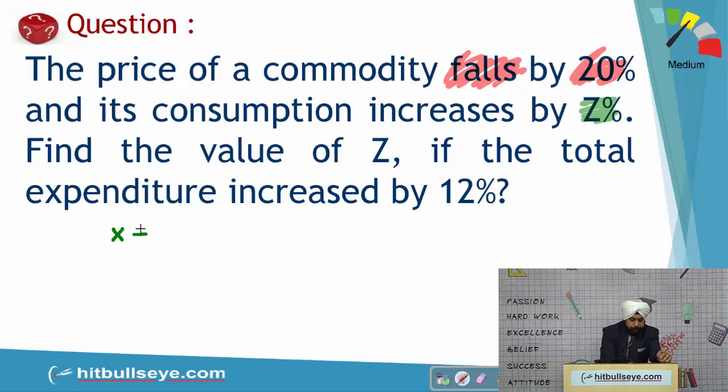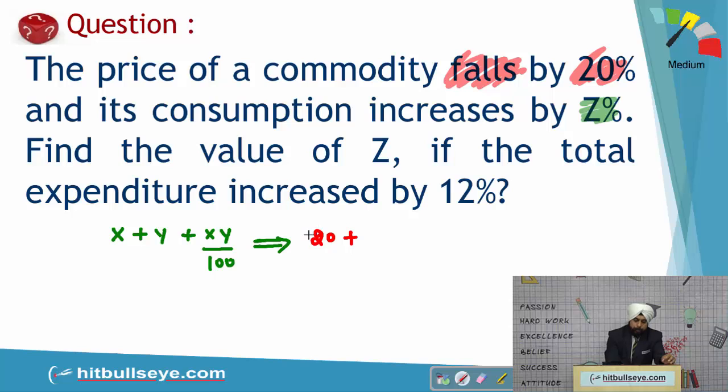It is x plus y plus xy by 100. Now as per the question given here, price जो है वो 20% से कम हो जाता है, so it is minus 20. Consumption increases by z, so it is z plus it is minus 20 into z by 100.